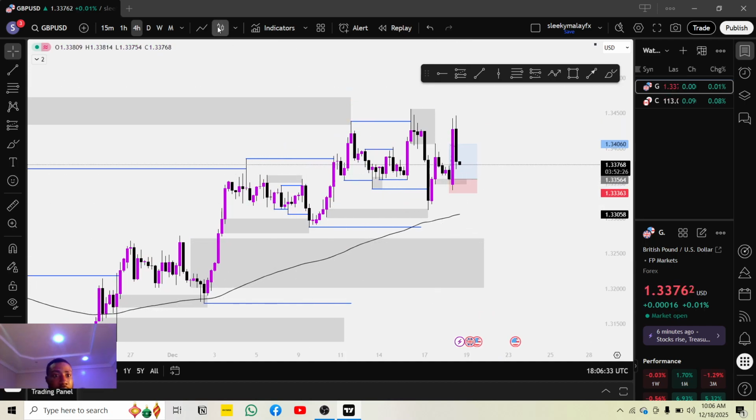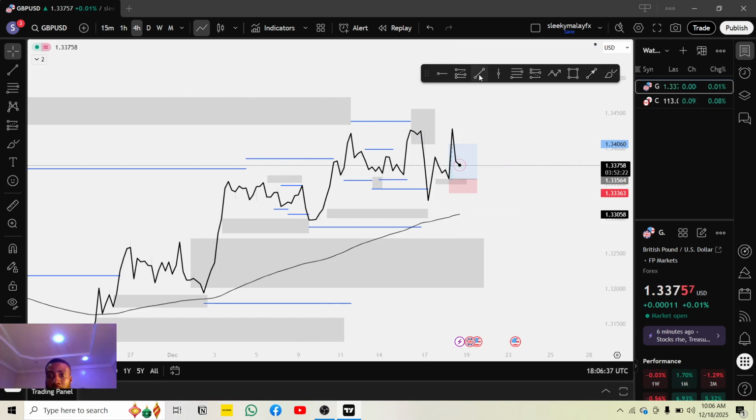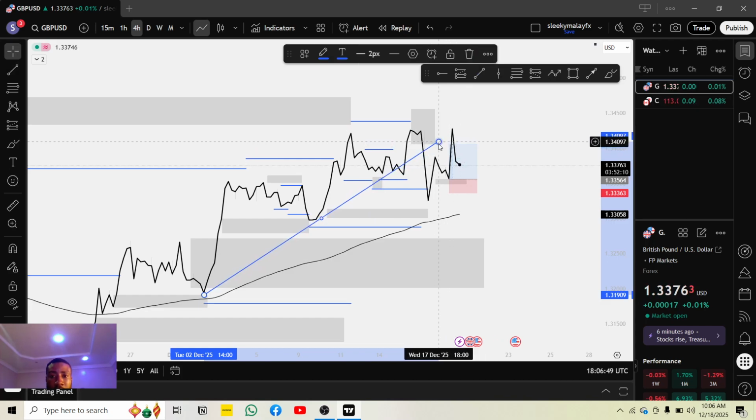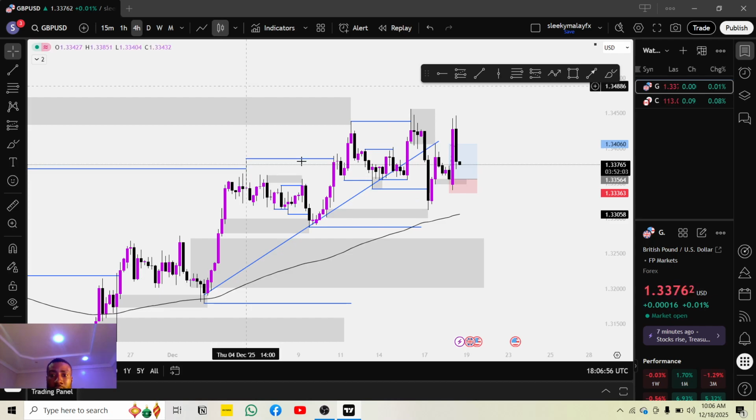So they are busy drawing trend lines from this very low right here to this very high, to this very one here. So they were thinking price has broken out and they are looking for sell. You understand?